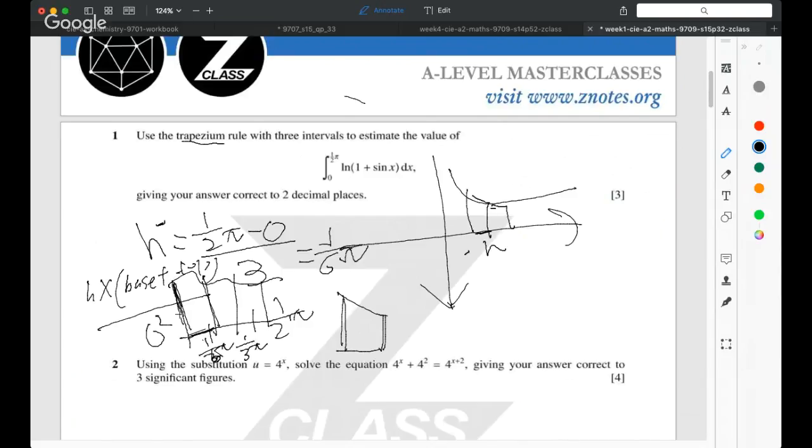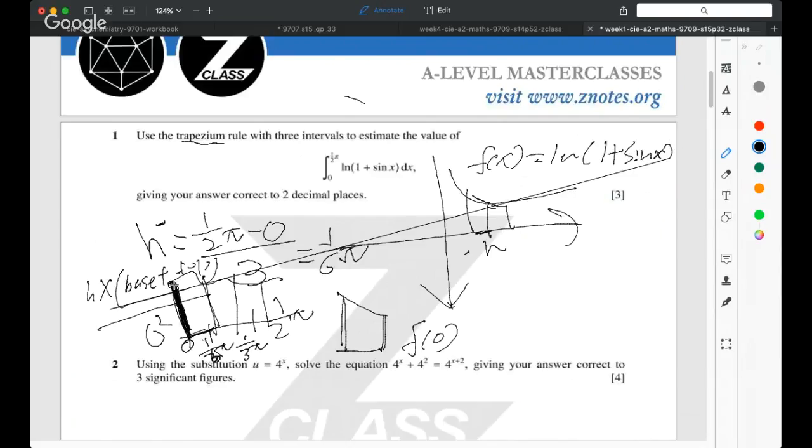So how do we find the length of this? Because now we have the equation y equals ln(1 plus sin x), so fx is equal to ln(1 plus sin x).